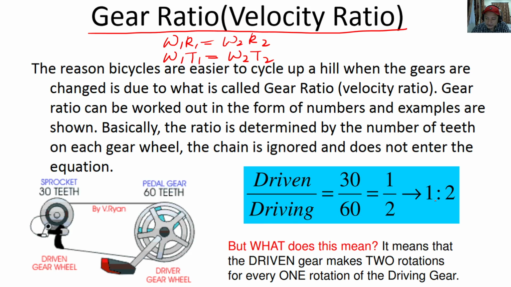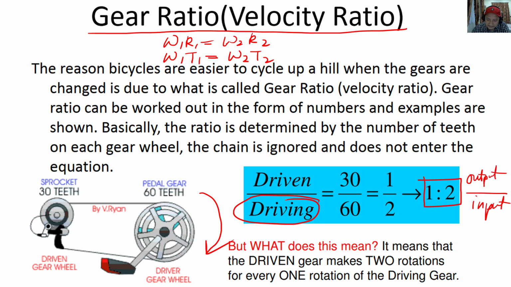This one, the ratio will be 1/2, because you are driving this one and your load is at the back. So the ratio is 1:2. Can we use the output over input? Output is this one. Input is your driving. Driving is 60 teeth.